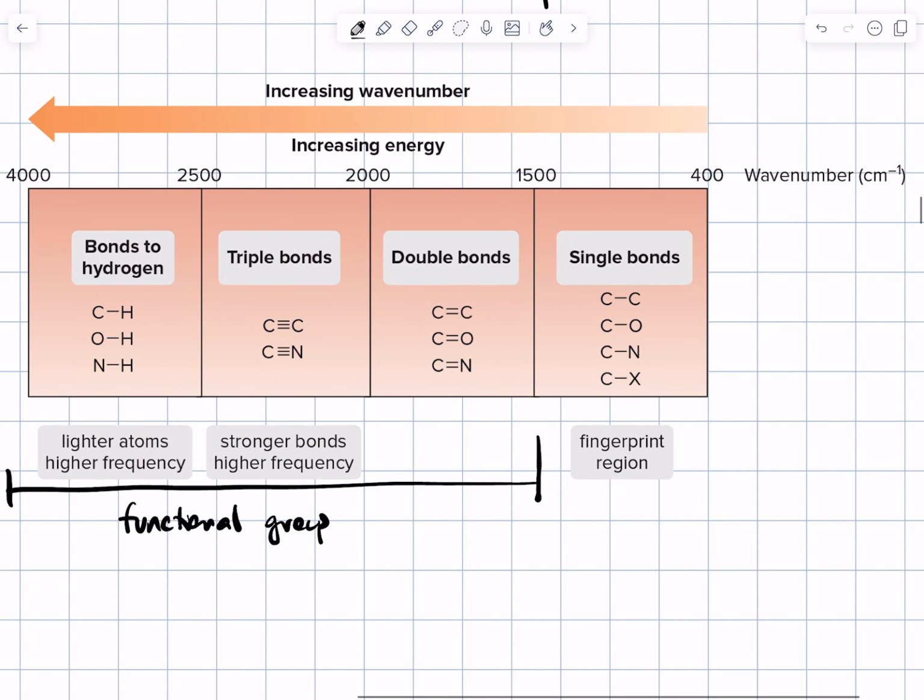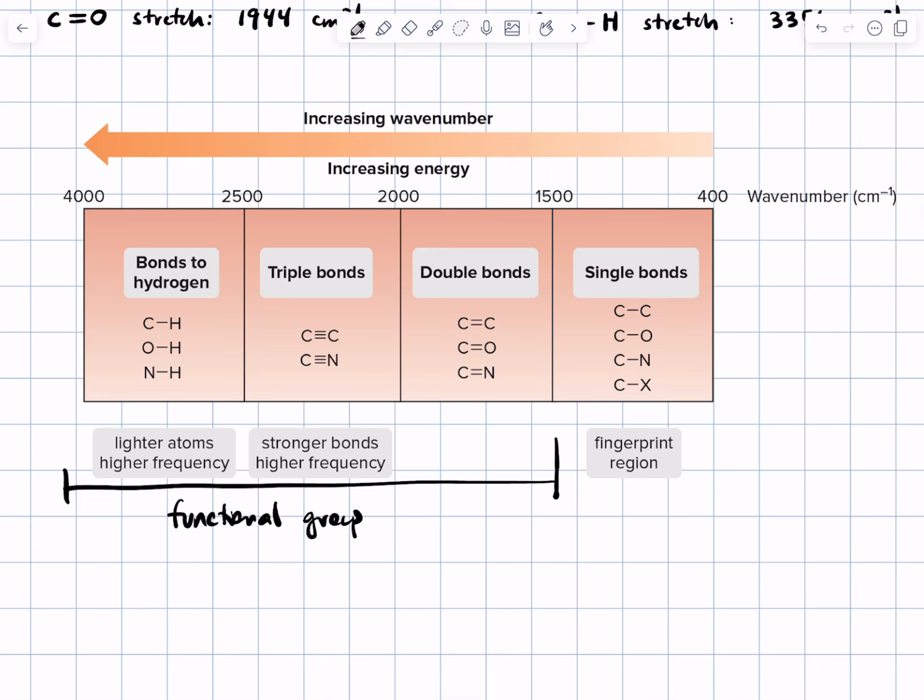Down below 1500 wave number is the fingerprint region. This is very difficult to interpret because it's different for every molecule, and it involves not just single bond vibrations, but vibrations in coupled parts of the molecule that are sort of non-intuitive. You can calculate them, and that's fine, but it's not like you can look at that portion of the spectrum and say, oh, I know what that is.